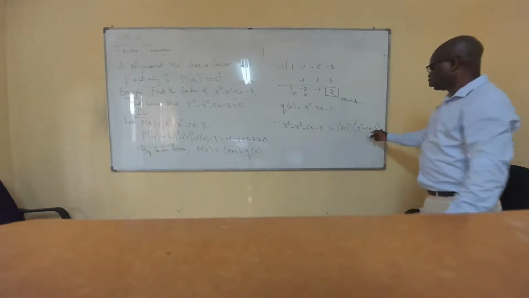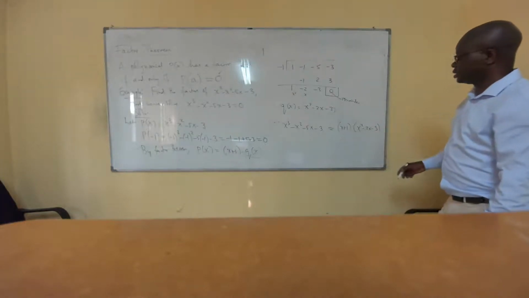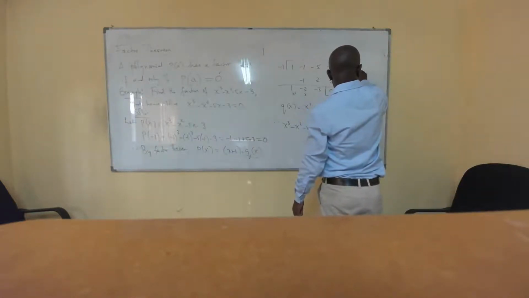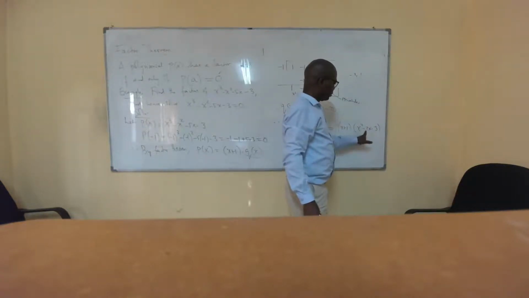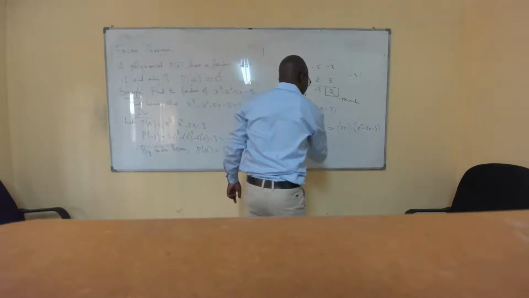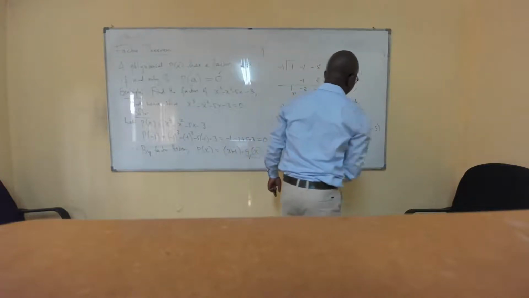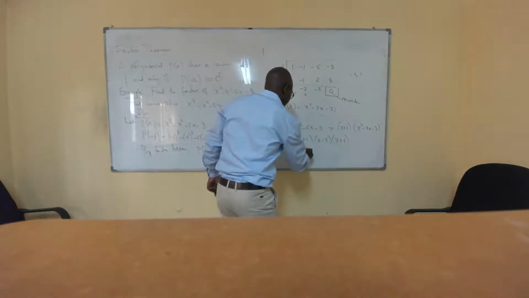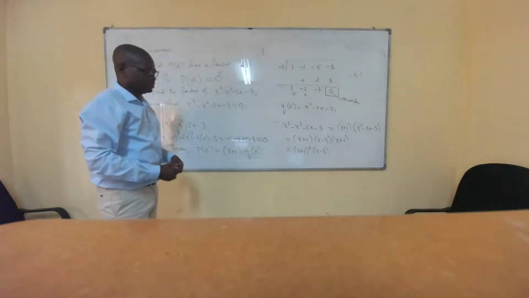And of course, we can check if we can factorize this quadratic. If you think of minus 3 and 1, when you multiply, you get minus 3, and when you add, you get minus 2, the coefficient of x. So those work. I can write x minus 3 and x plus 1, again x plus 1. But you can also write this as x plus 1 whole squared times x minus 3. Okay, it is factored nicely.